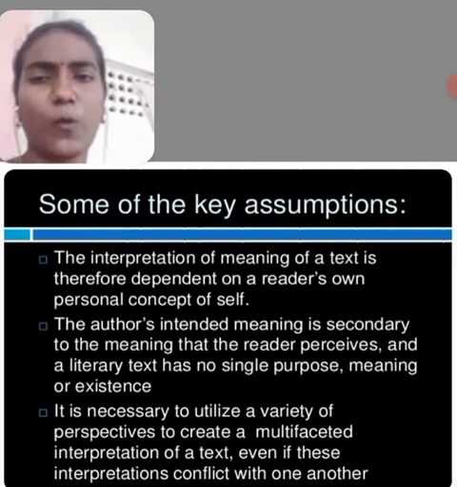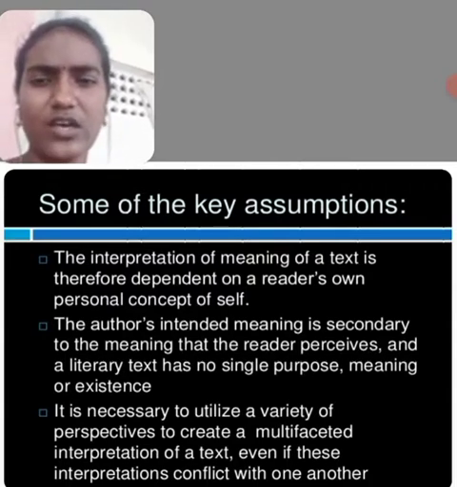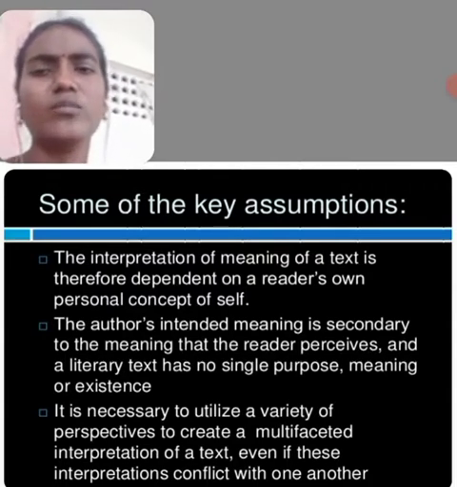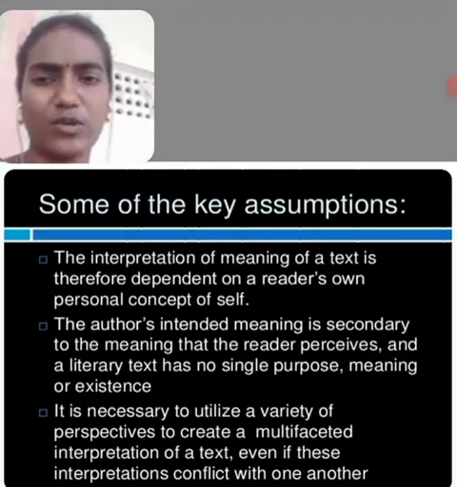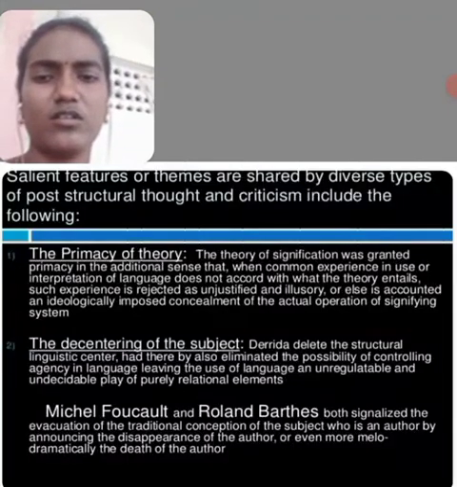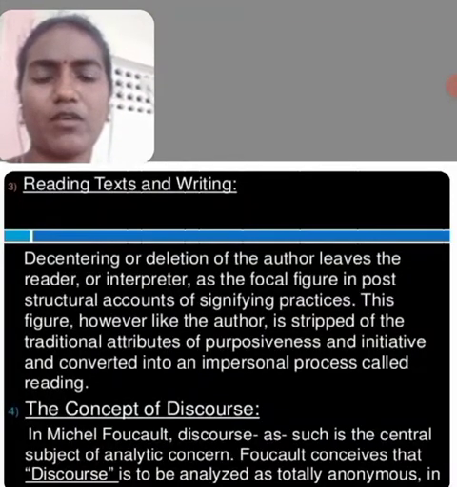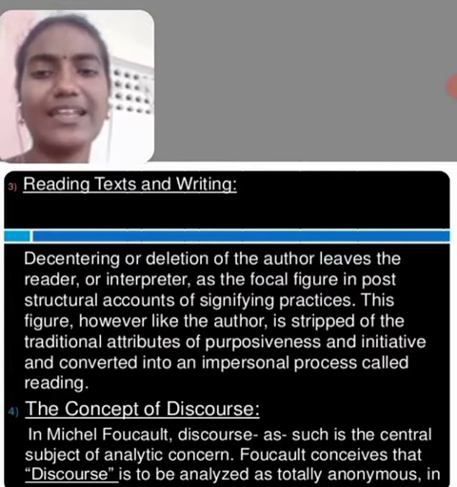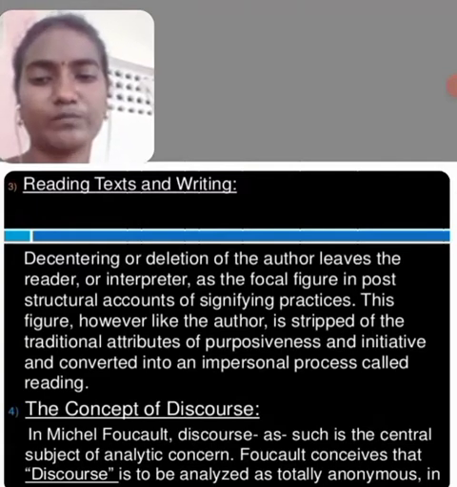So post-structuralism proposes that signs and symbols are not stable, they are changeable. Reading a text and discourse, Michel Foucault said that the central subject of analytical concern is discourse, which he considers to be analyzed as totally anonymous.